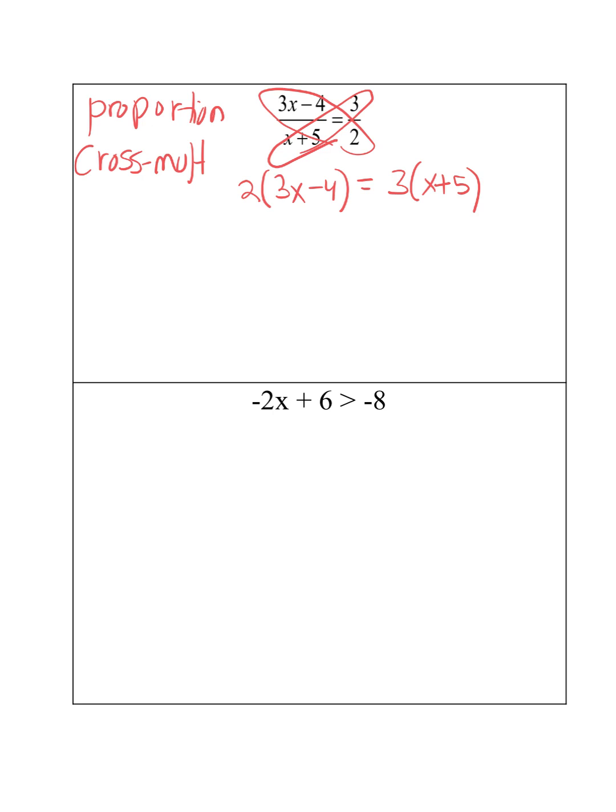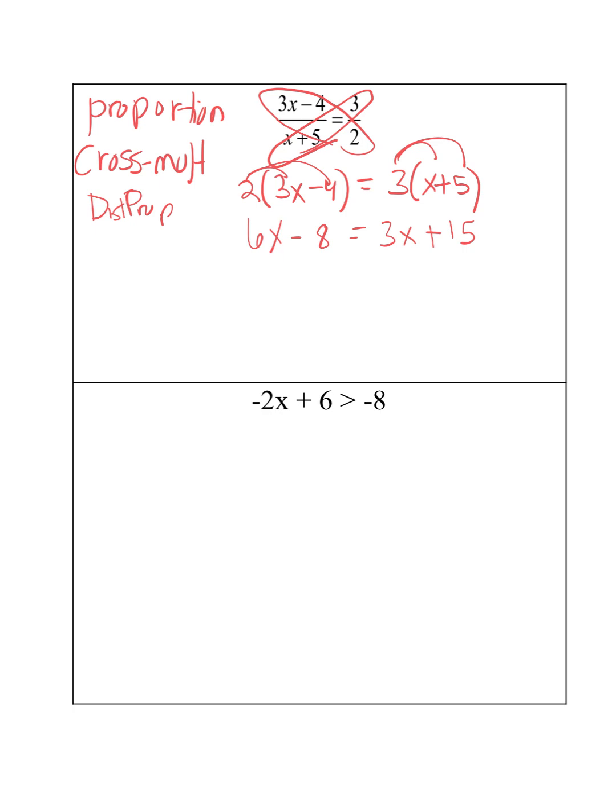Once we cross multiply, I'm then going to continue on with my steps for solving. So this is going to be the distributive property. Multiplying 2 times 3x will be 6x. 2 times the -4 will be -8. 3 times x is 3x. 3 times 5 is 15.